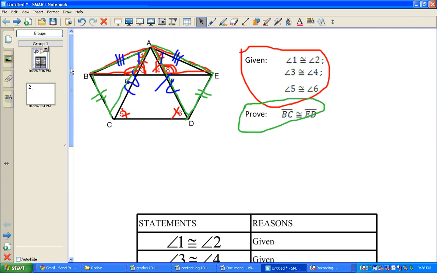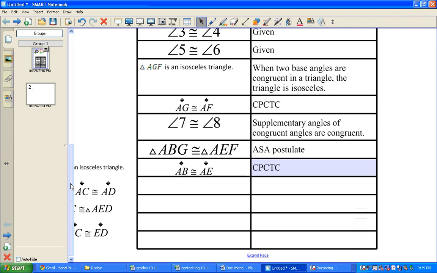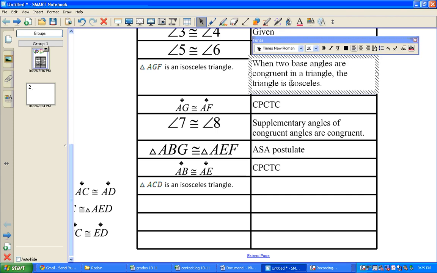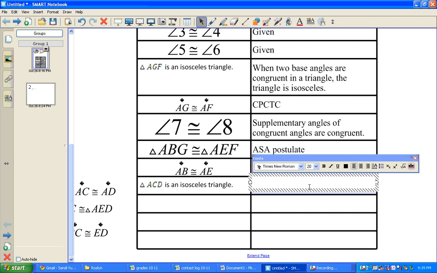Soon after that, in order for us to prove these two green triangles are congruent, we just talked about the line segment AB and AE. Next one was recognizing that the triangle in the middle, ACD, was an isosceles triangle. And the reasoning would be the same as right here. So in fact, I'm going to borrow this reasoning right here.